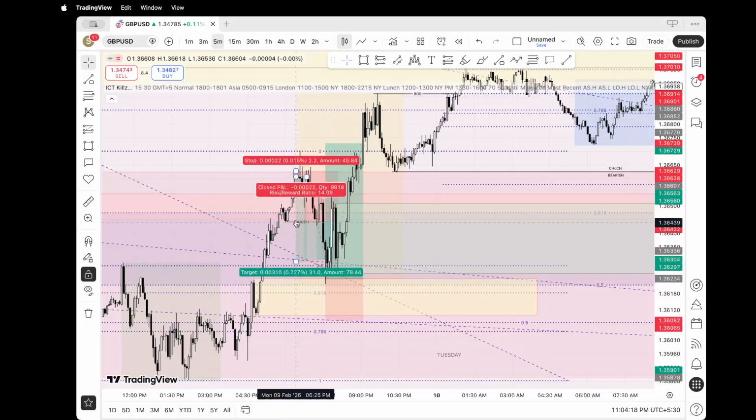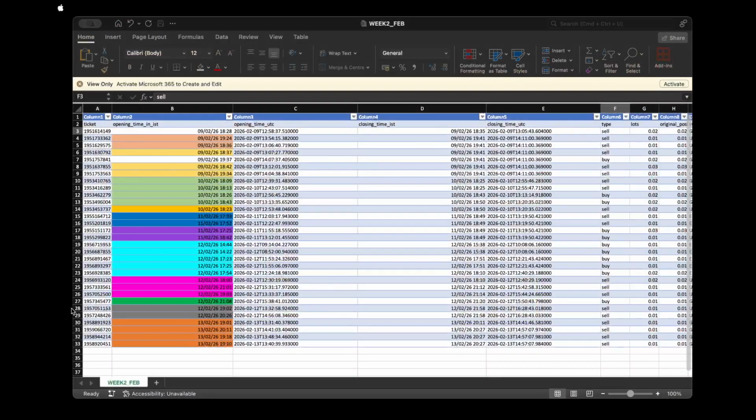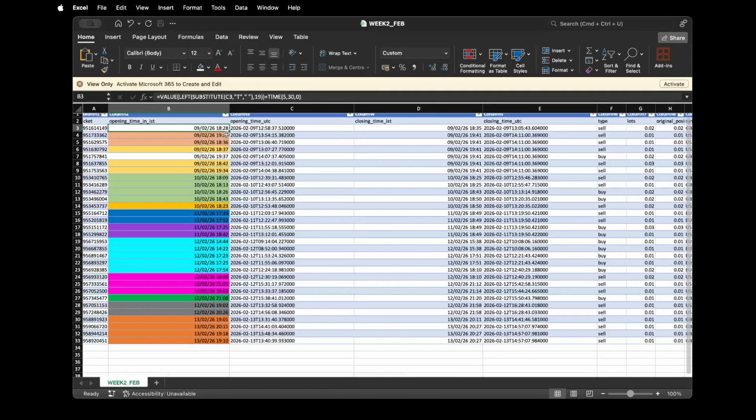Okay, let's see the prices. Let's go back to the Excel. Yes, so the first GBP USD sell was made at 628. To be more precise, it's 628.